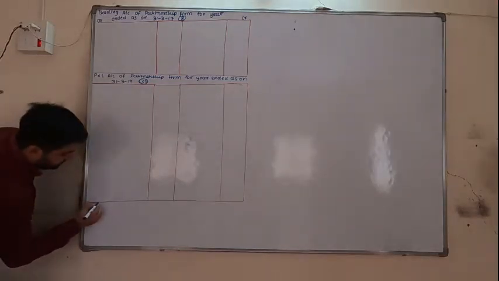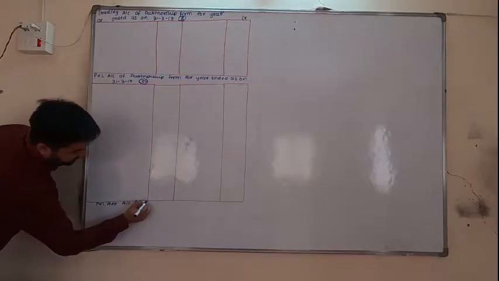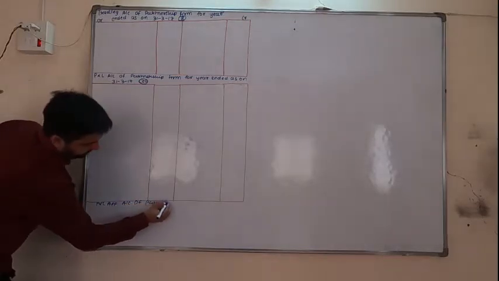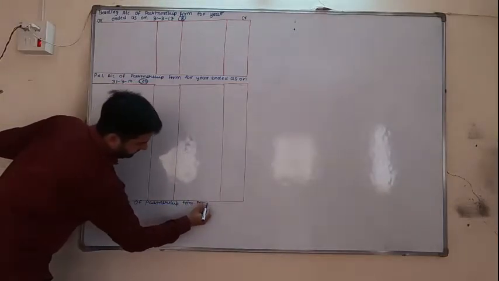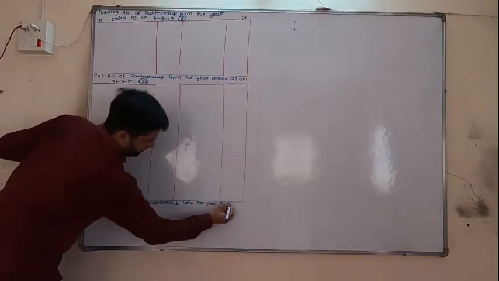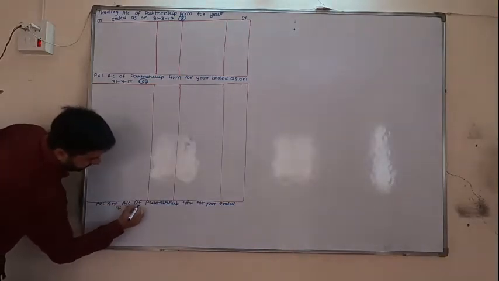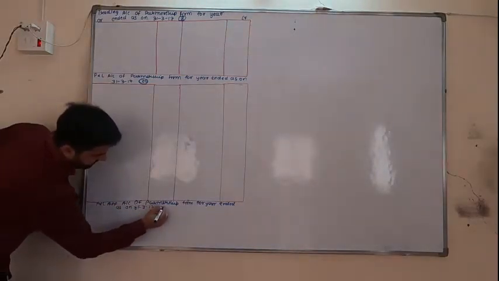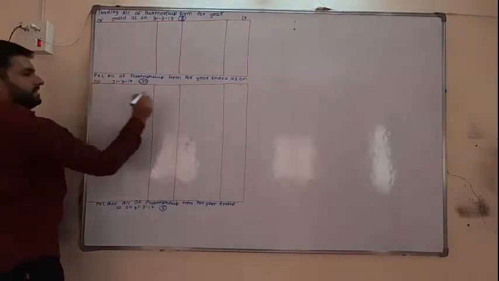After that, P&L appropriation account of partnership firm for year ended as on 31/3/17 for 6 lines. Debit, credit.